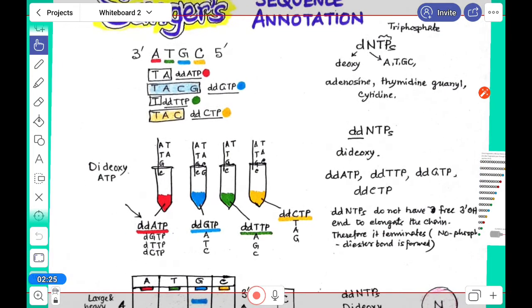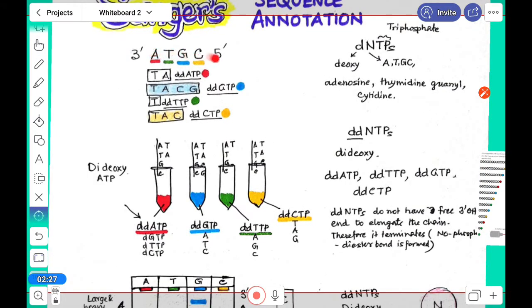If we take one sequence for the bases, that ATGC that we have taken, according to that Sanger took 4 tubes, with the 4 dideoxy phosphates. So here ddATP, ddGTP, ddTTP and ddCTP.